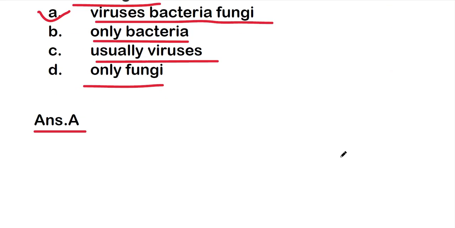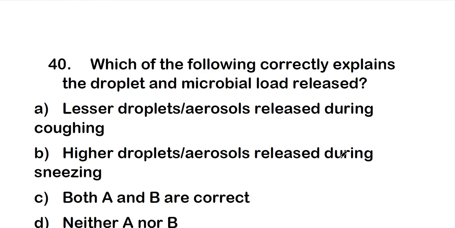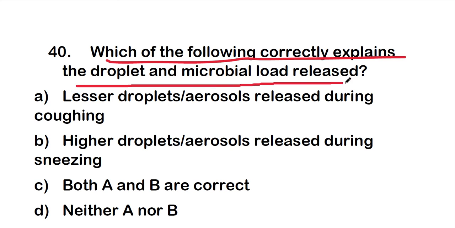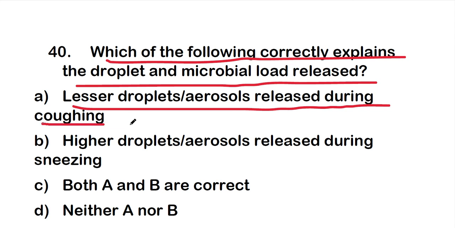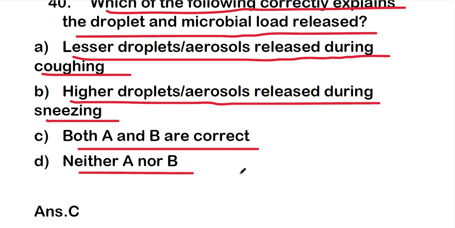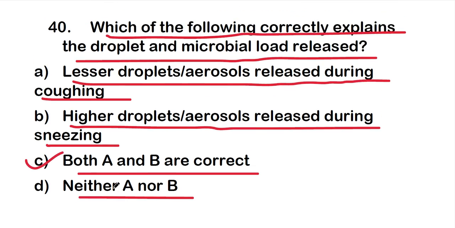Okay, so the last question of this video is, which of the following correctly explains the droplet and microbial load released? And the options are lesser droplets or aerosols released during coughing, or higher droplets or aerosols released during sneezing, or both A and B are correct, or neither A nor B. And the right answer is option C, that is both A and B are correct.